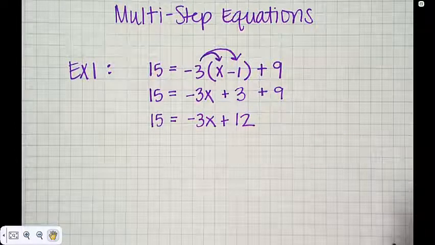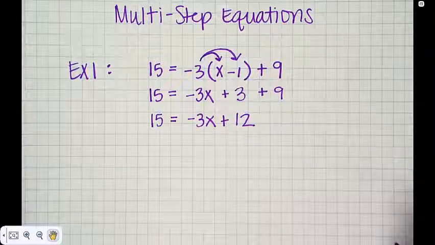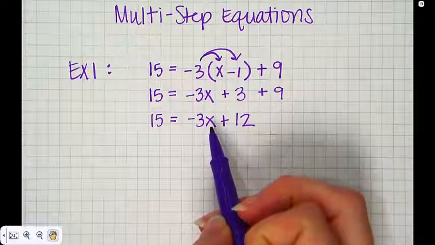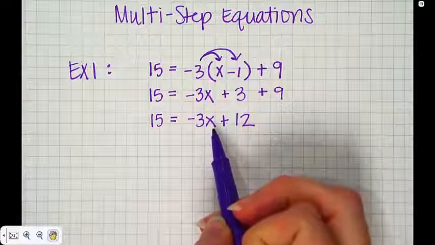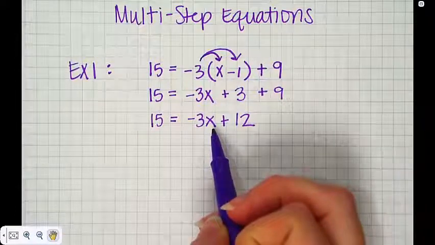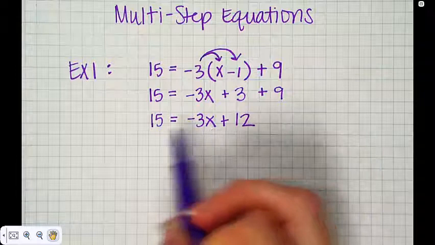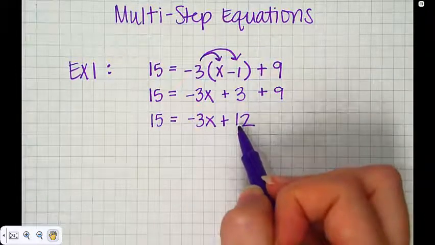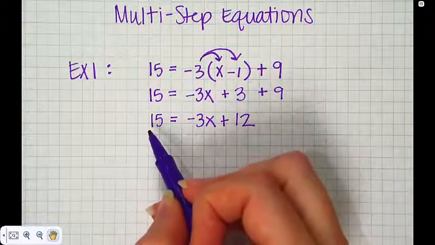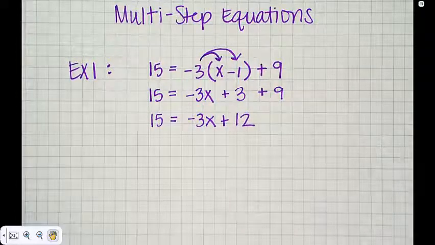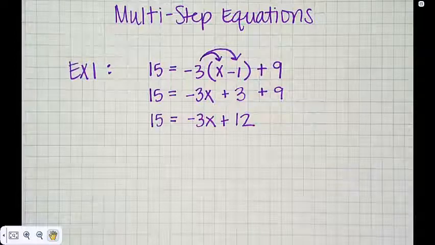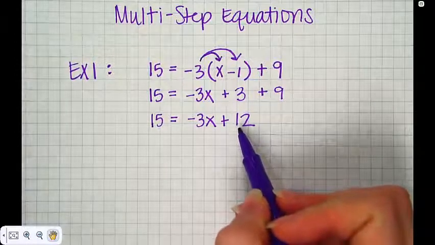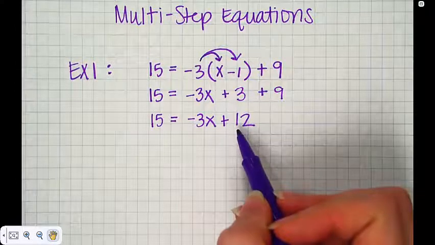Now we're going to look to see, do we have variables on both sides of the equal sign? And we do not. We only have one variable in our equation, and it's on the right. And then we're going to look to see, do we have a constant that is on both sides of the equal sign? And it is, and so we need to make this constant come over here, and we are going to do that by undoing the constant, which means in this case we're going to subtract 12 from both sides of our equation.